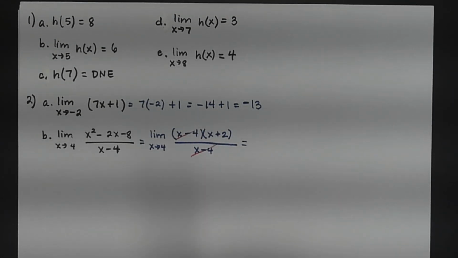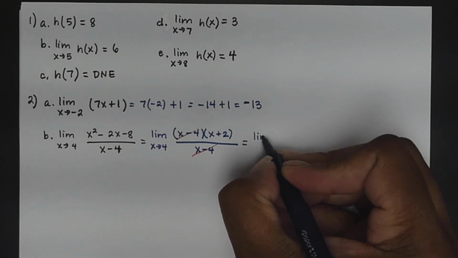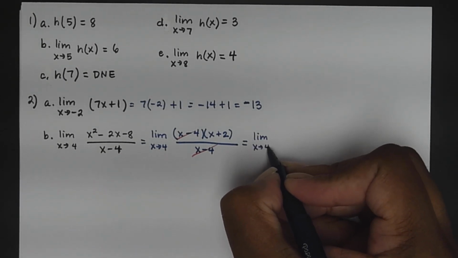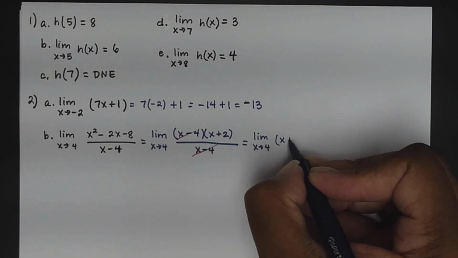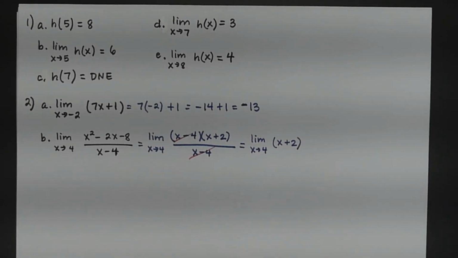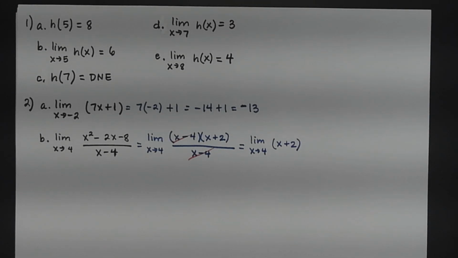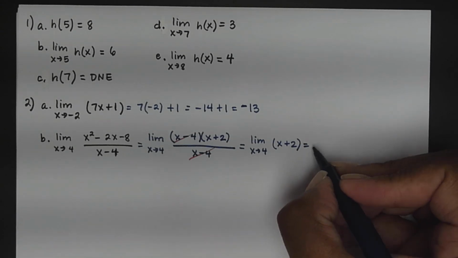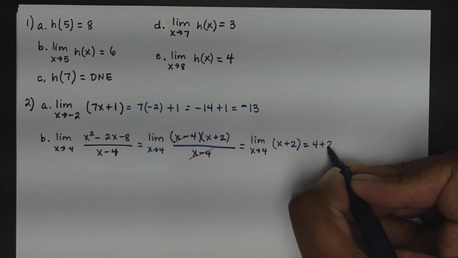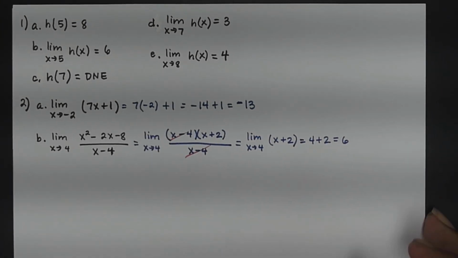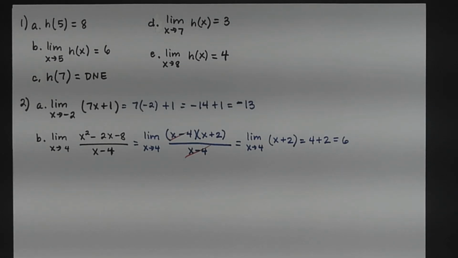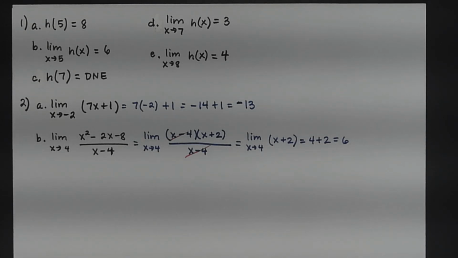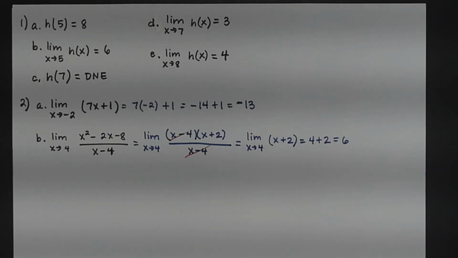And that will leave me with the limit as x approaches 4 of x plus 2. Now, I can do direct substitution by replacing the x with the 4, so it'll be 4 plus 2, equaling 6. So the limit as x approaches 4 of x squared minus 2x minus 8 divided by x minus 4 would end up being 6.